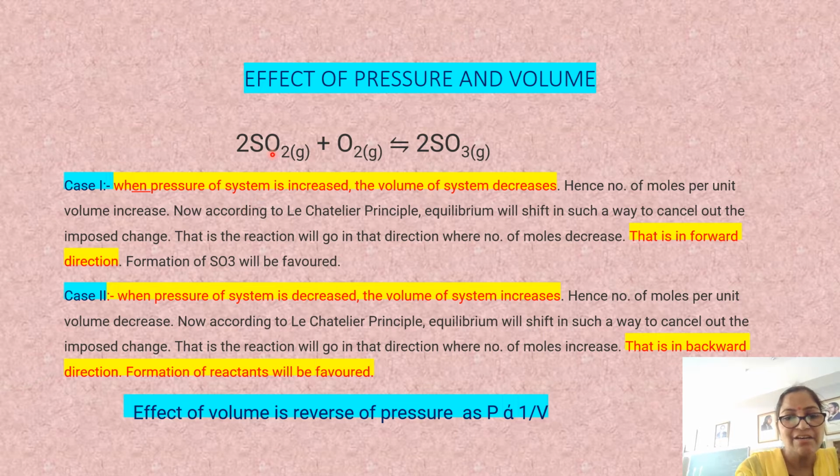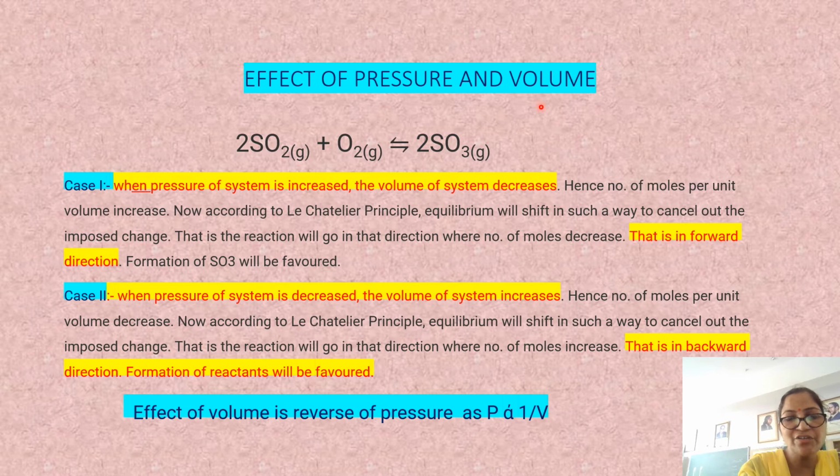Second case, when the pressure of the system is decreased, or the volume of the system increases. Pressure decreases means the number of moles per unit volume decreases, because pressure is inversely proportional to volume.